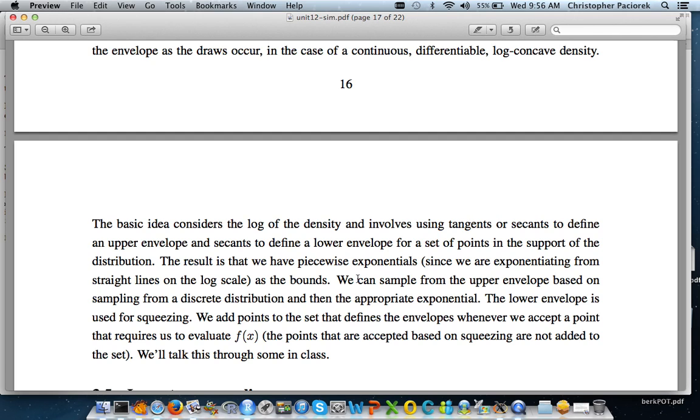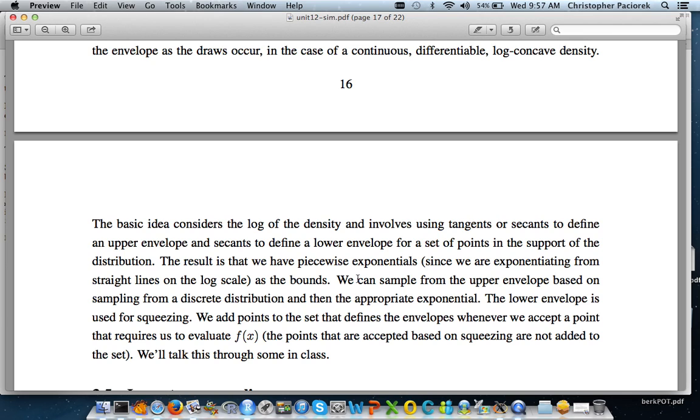The n is because for the moment I'm using a certain number of points, but as the recipe proceeds along, I'm going to add points along the axis and refine my upper and lower bounds. So I'm going to draw from this distribution. Okay, this is not going to be a distribution unless I normalize it, but it's easy to draw from this upper bound. It's an unnormalized piecewise exponential density.